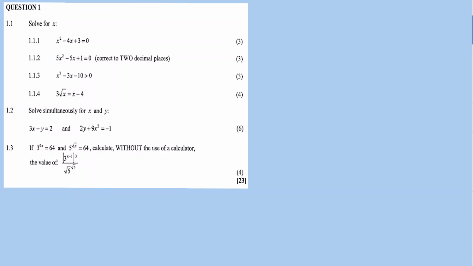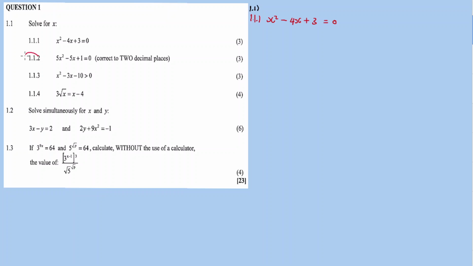So 1.1, we're solving for x. 1.1.1, a quadratic equation for 3 marks: x squared minus 4x plus 3 equals 0. In any quadratic equation, it's up to you to use either the quadratic formula or the factoring method.